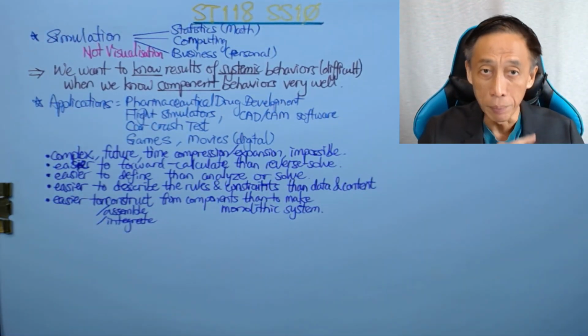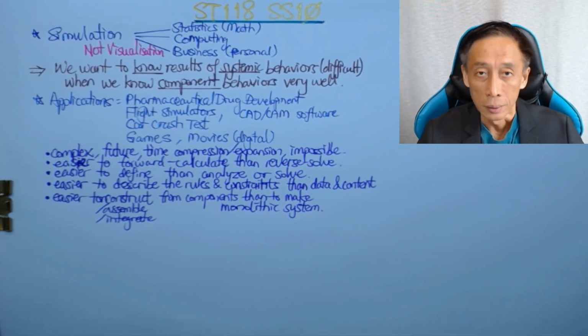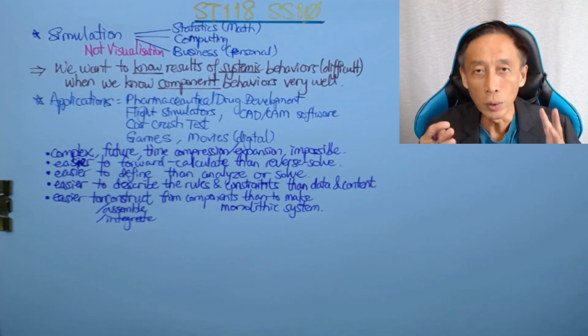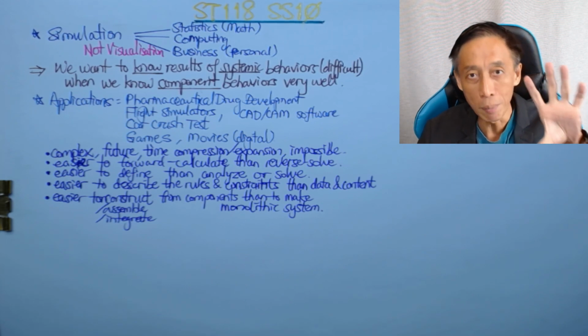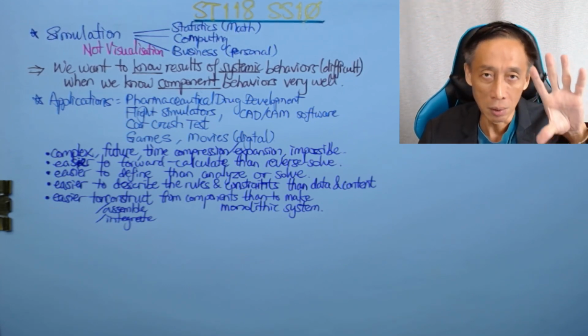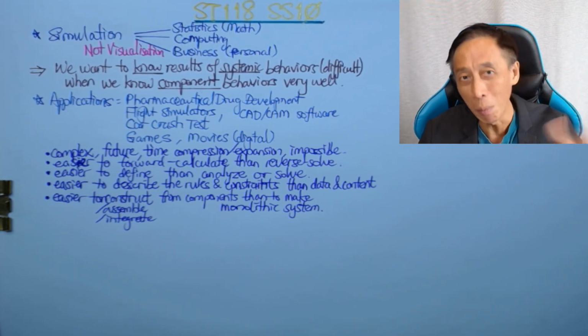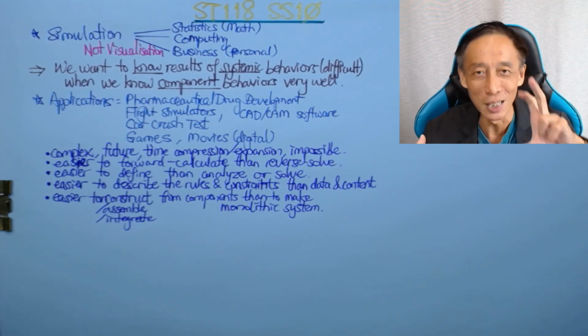So if you look at one building, then the building is one system. If you look at it as a component, then it will be part of a bigger system. That means if you're studying whether there will be floods in Singapore, then of course you can look at one building as one component, almost like a Lego block. One brick is one building.